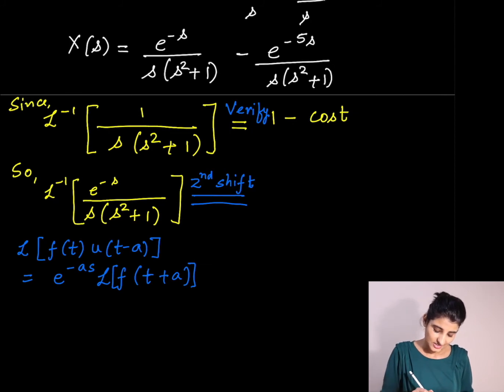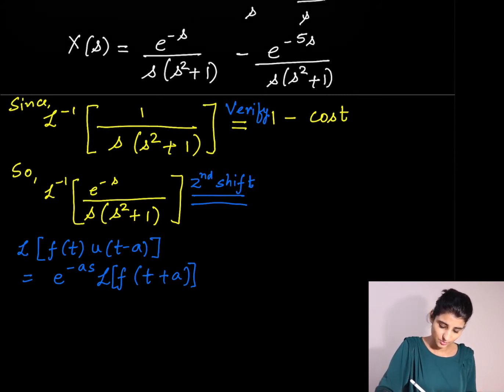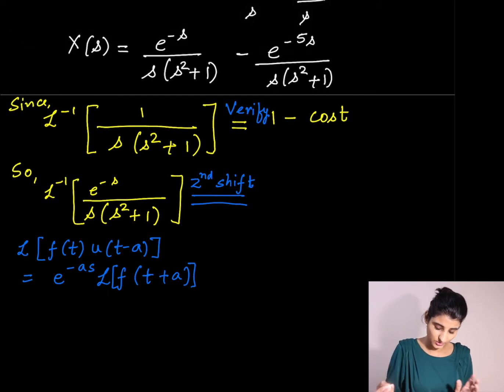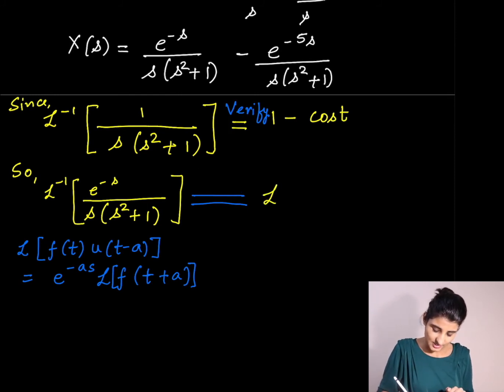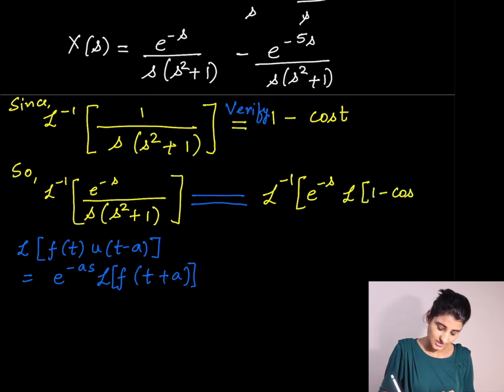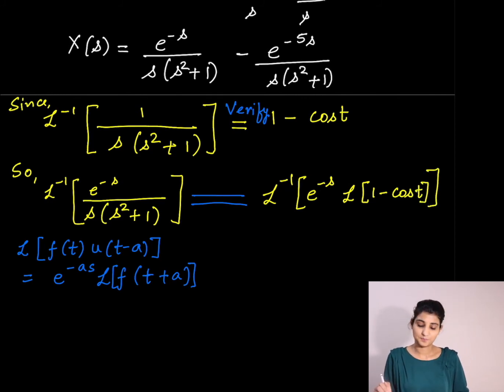So if we take the Laplace inverse of both sides, let me simplify one further step so that you can see it clearly. So this function can be written as Laplace inverse of e to the power negative s times Laplace of 1 minus cosine t, right?